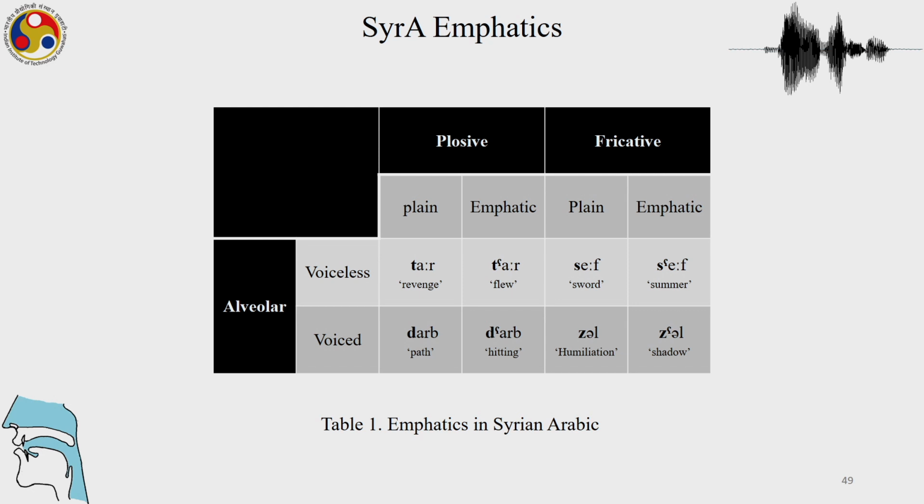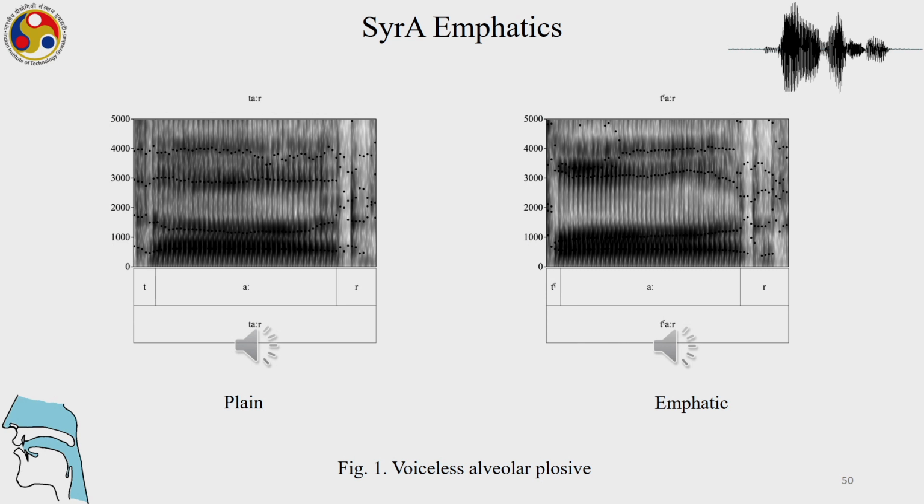Emphatics are earlier obstruents which now either have a palatalized, glottalized, or laryngealized sound. So, they have a secondary articulation, and that makes them emphatic. So, there is a difference between plain and emphatic consonants in Syrian Arabic. So, let us look at a few.